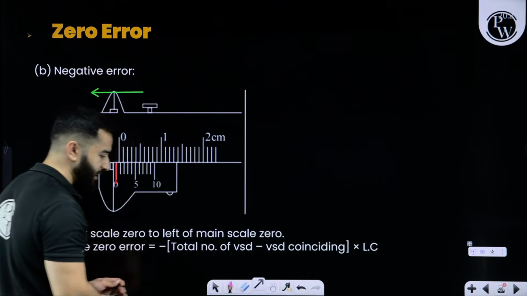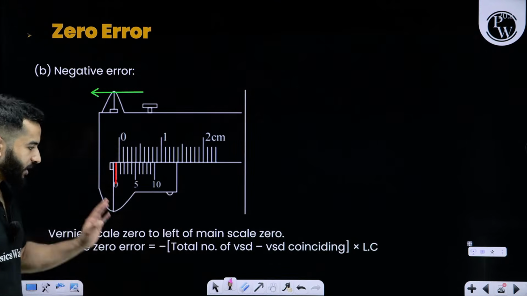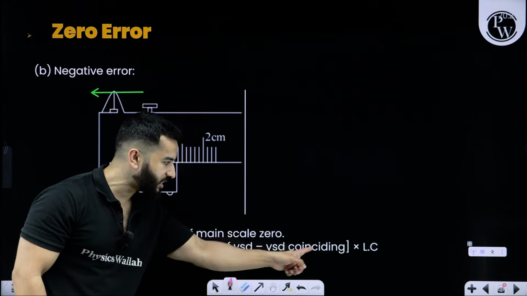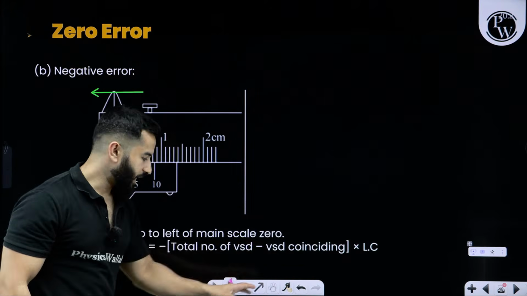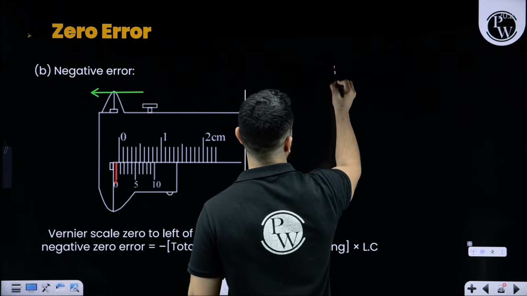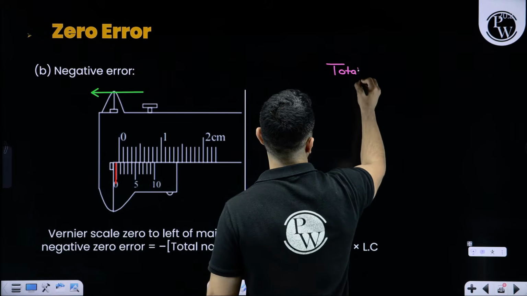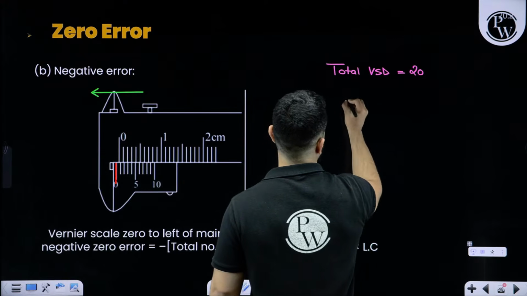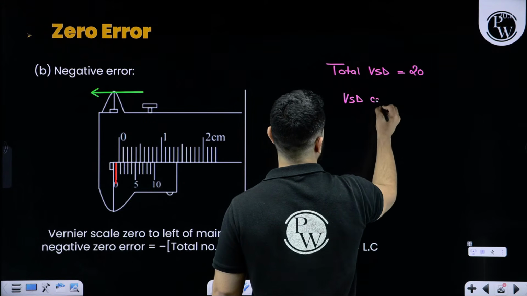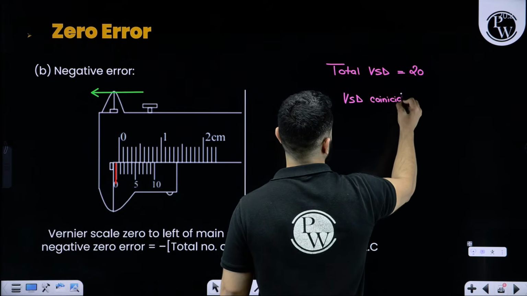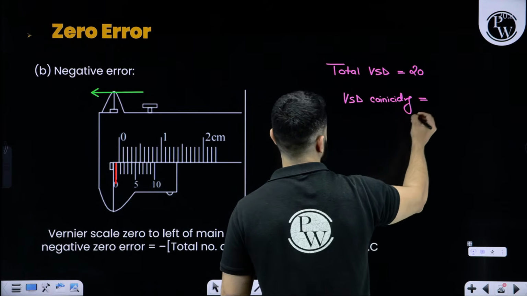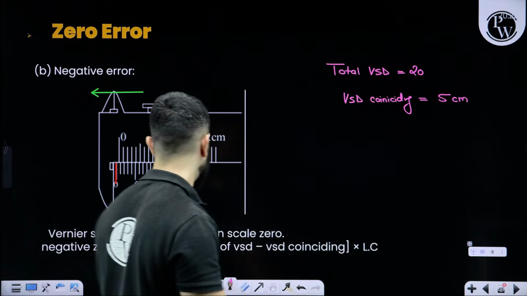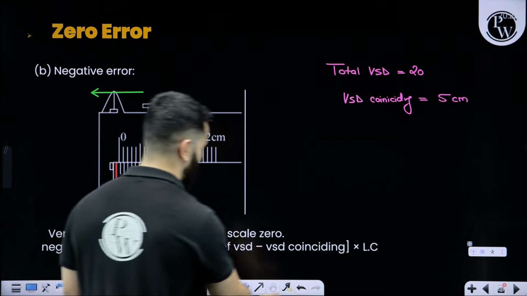But the way of writing negative zero error is slightly different. We are going to write down the total number of vernier scale divisions minus the vernier division coinciding. So let's suppose the total vernier scale divisions are 20, and the vernier scale division that is coinciding is, let's suppose, 15.